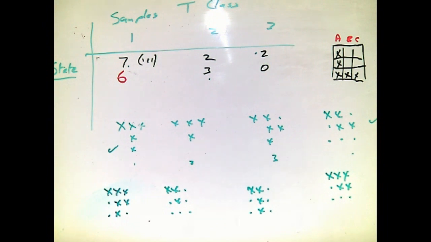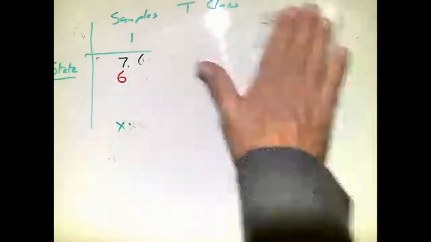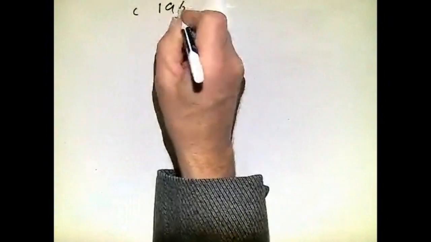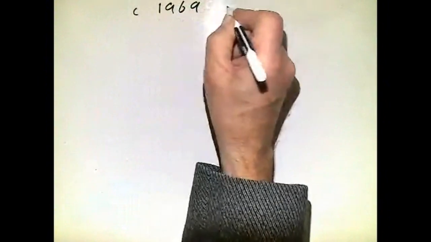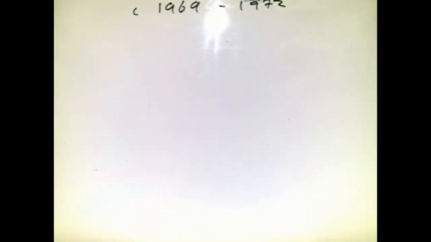So that was the idea behind the Browning and Bledsoe method. And if we move forward in time to the 1960s, to 72. Yes, I was alive in those days.